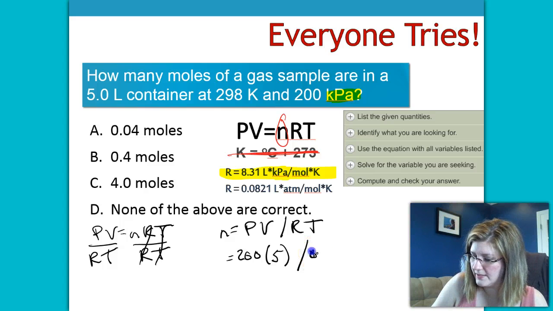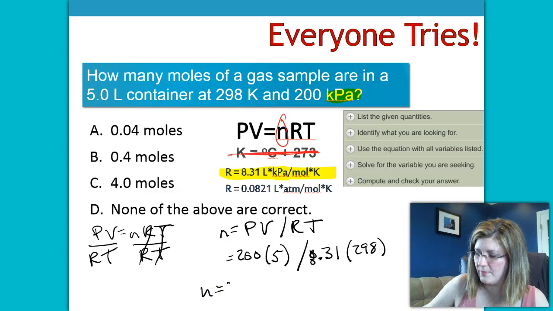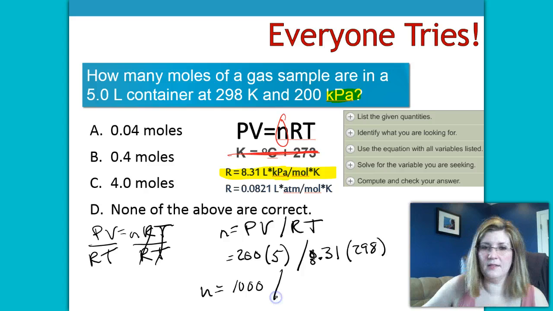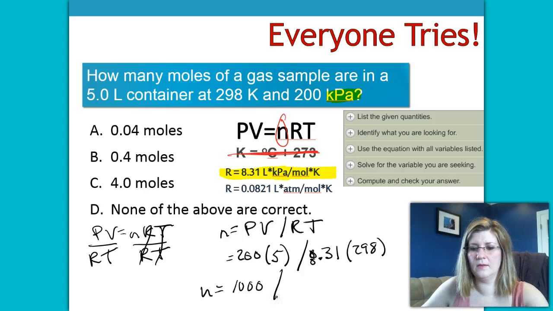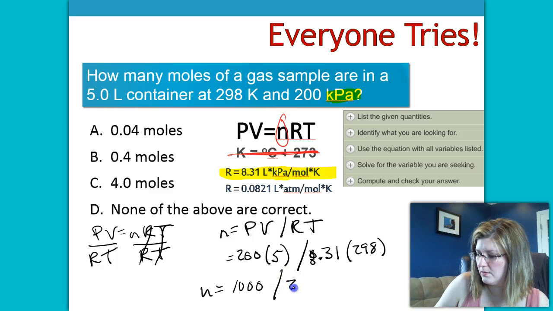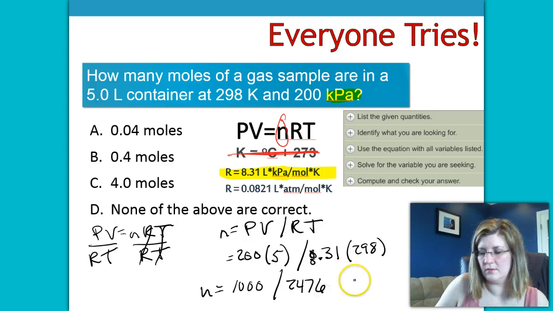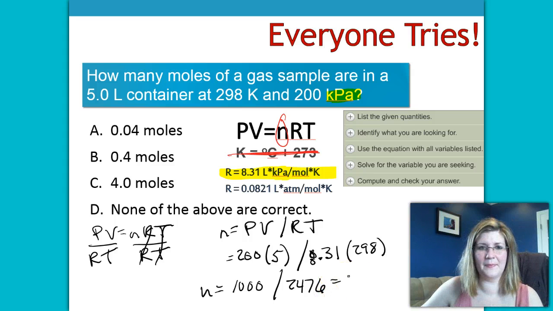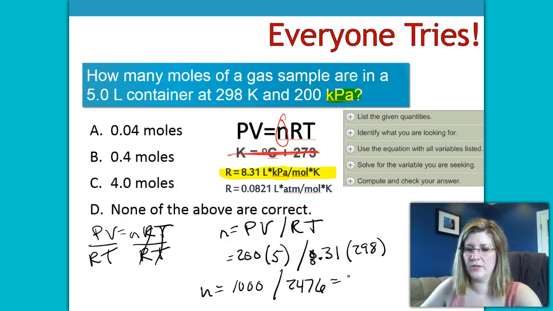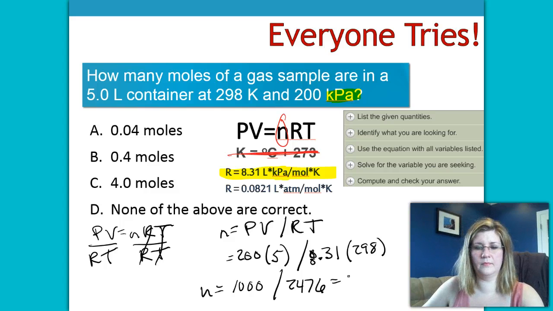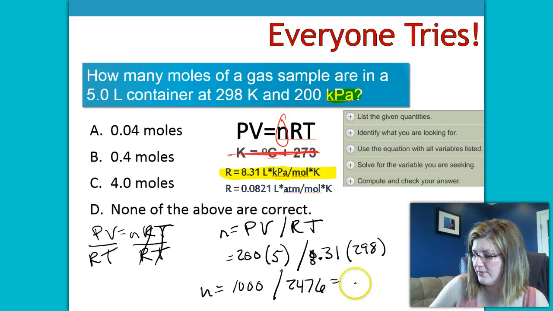So R is 8.31, and we multiply that by our temperature, which is 298 K. And we crunch those numbers, we should get 200 times 5 is 1,000 on the top, divided by 2,476-ish on the bottom. That's going to be a number less than 1. I get an n value of 0.40 moles.